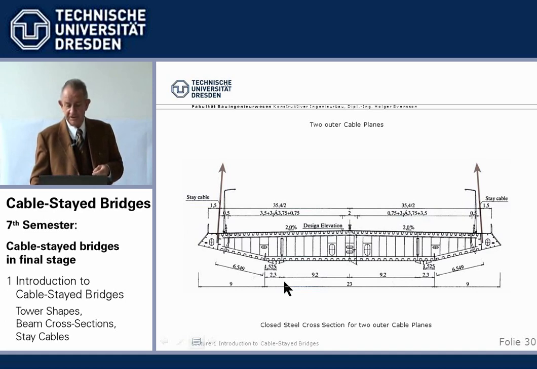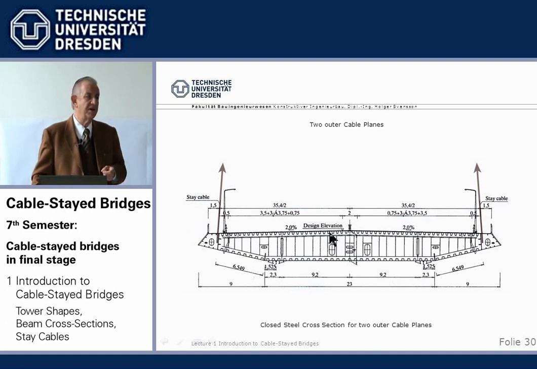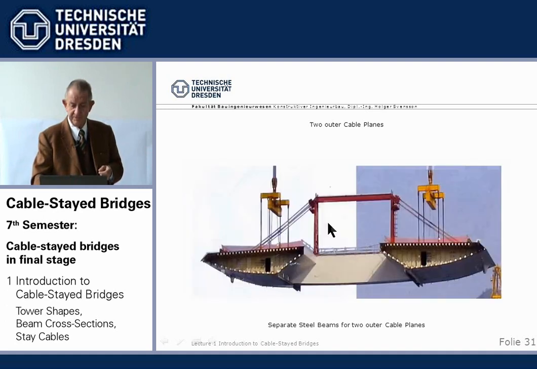And so it's not by chance that this is a cross-section for the current world record holder, the 1,088 meters Sutong Bridge in China. There are always special things. We have two outer cable planes for the Stonecutter Bridge in Hong Kong, and due to certain reasons, there's a center tower, they need the space, they have put them apart with cross girders.